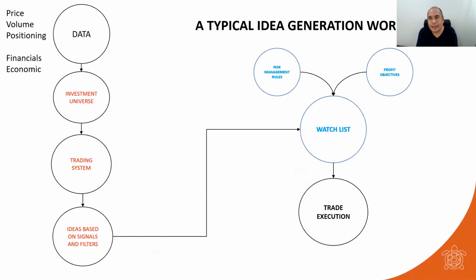So a typical idea generation workflow flows from the data, your investment universe, you carve out a subset of that investment universe, and then you run your buy and sell filters through your trading system. And then you generate a watch list. The watch list has already narrowed down the stocks or securities that you're interested in. And from there, you execute your trades based on your market timing system.